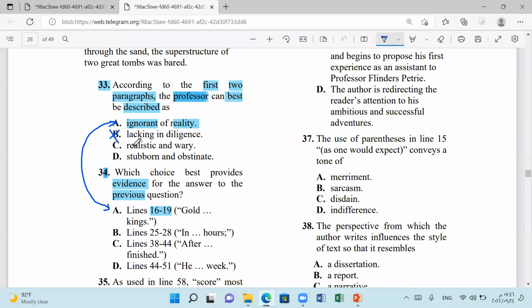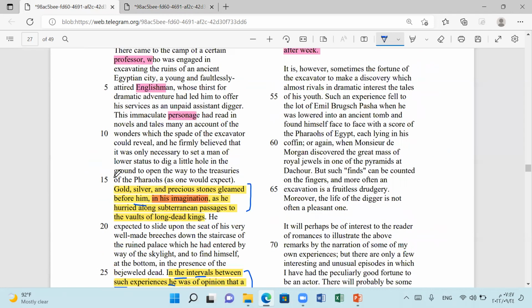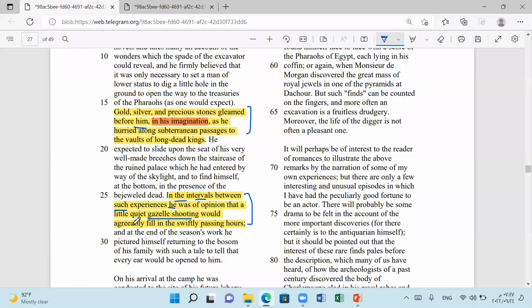Letter C, realistic and wary. In case you don't know the meaning of wary, make sure that as long as these two words are joined by "and", they are related. Realistic definitely cannot be matched with A. I'm talking about his imagination, which cannot be matched with this one. Nothing has to do with reality here, being realistic or unrealistic.